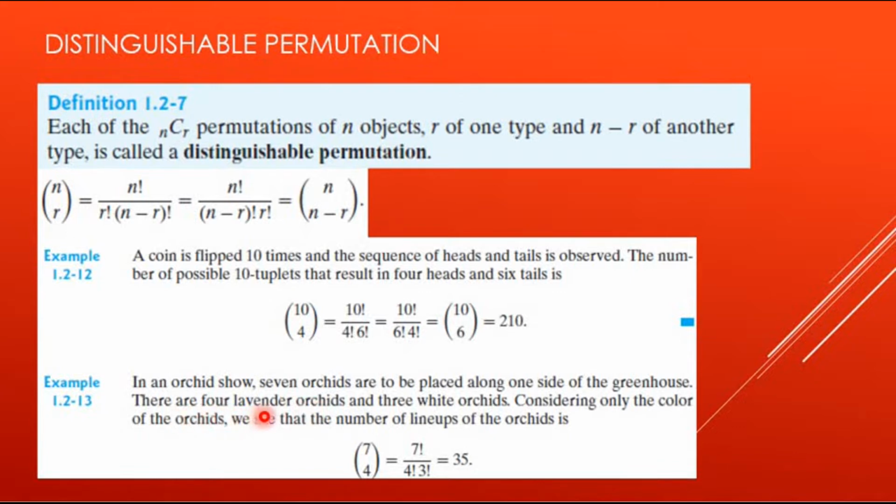There are 4 lavender orchids and 3 white orchids. Consider only the color of the orchids. We see the number of line-ups of orchids is 7 factorial over 4 factorial times 3 factorial.